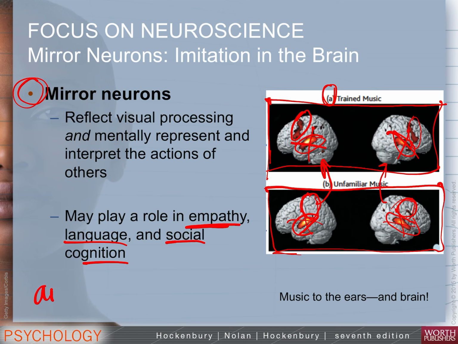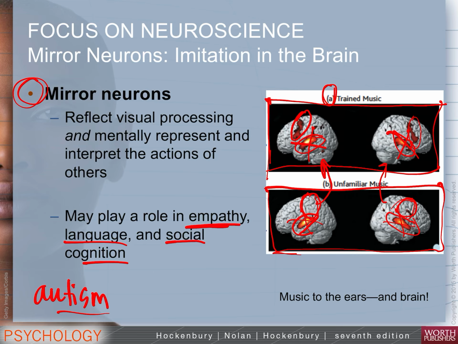Interestingly, we think that people who have autism may have some issues with the fact that their mirror neuron network may not function the same way, or it might not be as strong as in a person without autism.